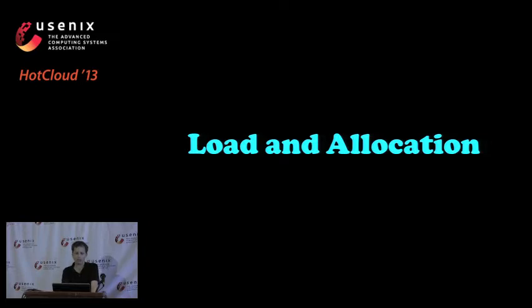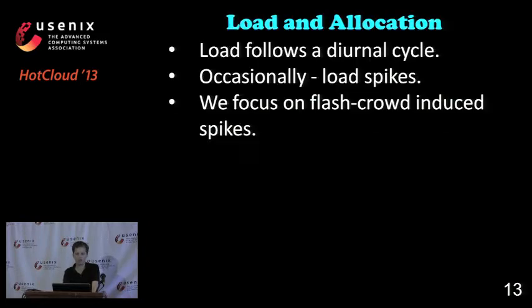And now about load and about how allocation is done. The load of these services generally follows a diurnal cycle, because the requests arrive from clients who wake up in the morning and go to sleep in the evening. So during the day the load is higher and during the night the load is lower. We don't address these issues, but sometimes there are load spikes.